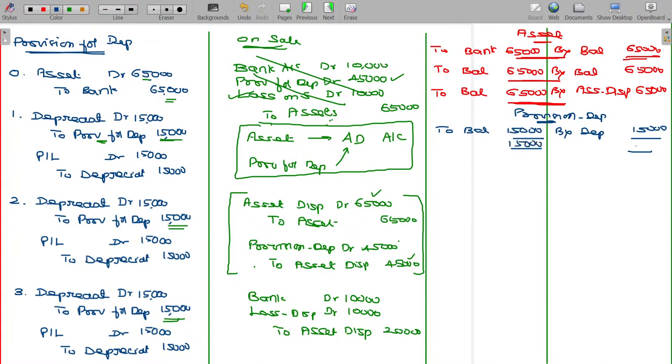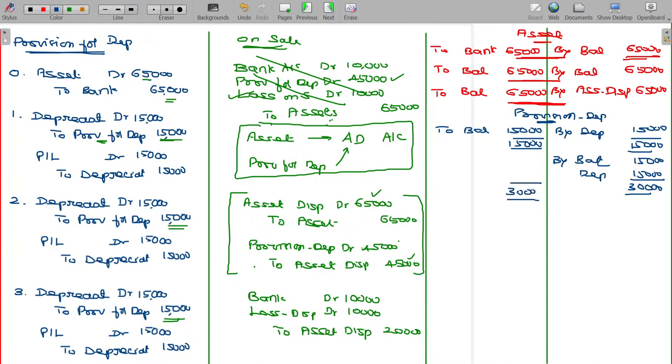In the second year, this balance becomes the opening balance. Every year the depreciation we create keeps accumulating in the provision for depreciation. So the provision for depreciation will be increasing. We started with 15,000. Second year depreciation being 15,000, now the provision increases to 30, which becomes the balance.